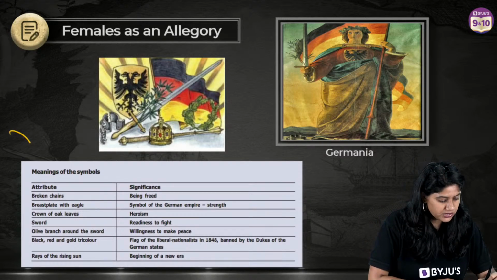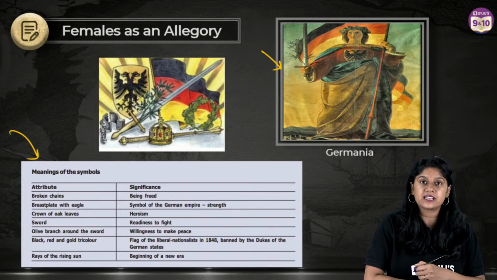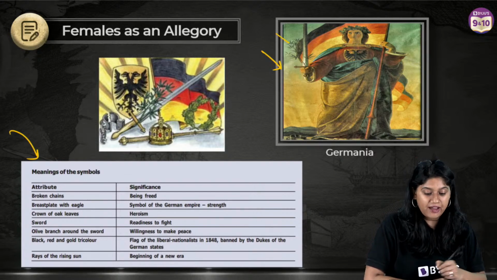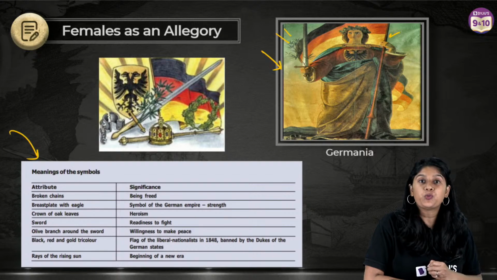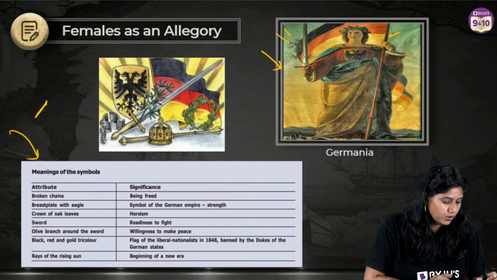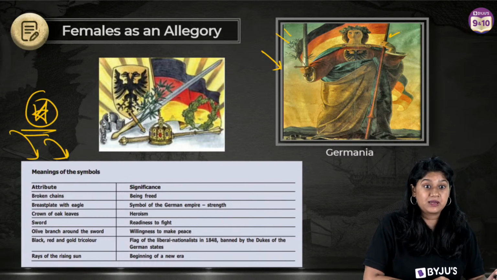We have this table, and in the figure over here, we can see there are certain aspects, the sword, the flag, the oak leaves, the sun as a symbol. So what is the representation of these? Everyone, please make sure to go through this table. This table is super important.